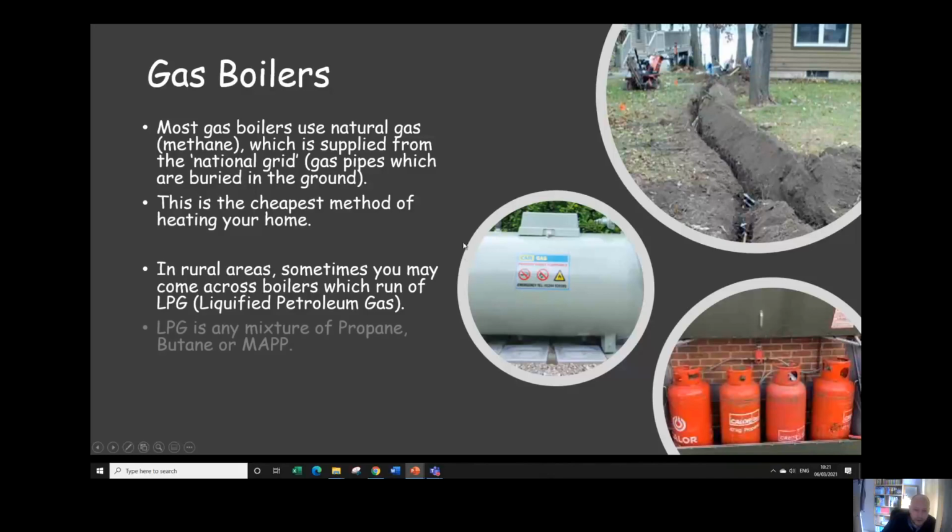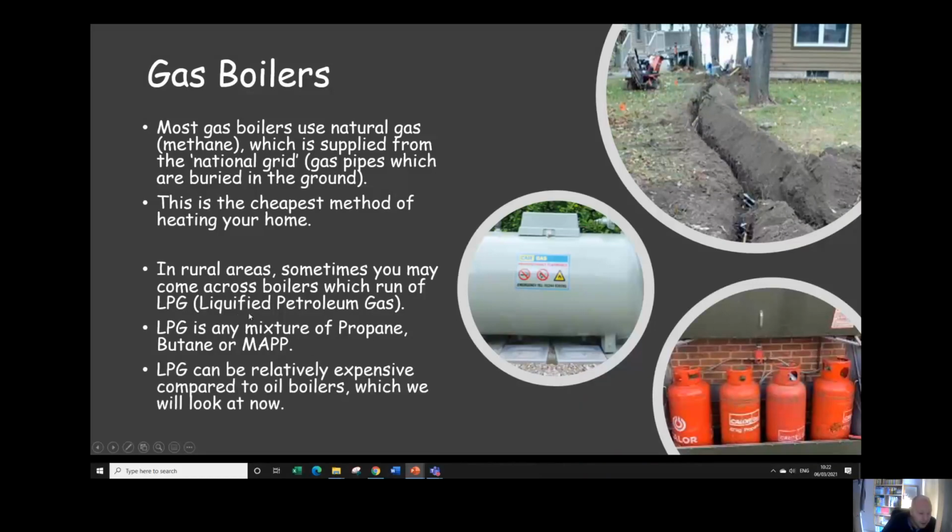LPG stands for liquefied petroleum gas. LPG is any mixture of propane, butane or MAP, methyl acetylene propadiene, if you're interested. It can be fairly expensive compared to oil boilers and compared to natural gas as well.